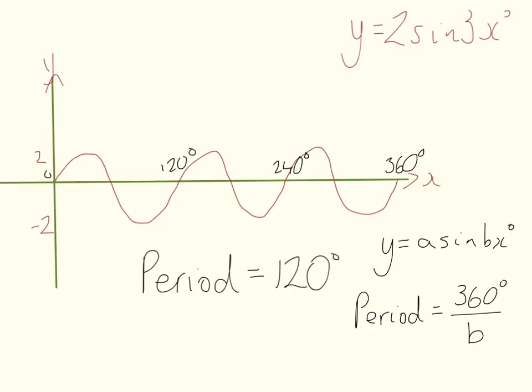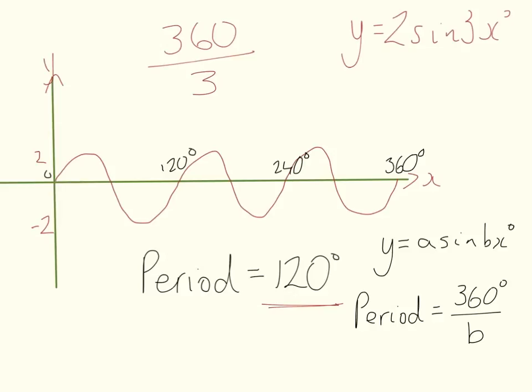We do 360 divided by this number here. For example, to obtain the period of 120 degrees, we did 360 divided by the number in front of the x. 360 divided by 3, which was 120 degrees. So if you were asked the question, what is the period of the graph, that just means how many degrees does it take for one revolution.